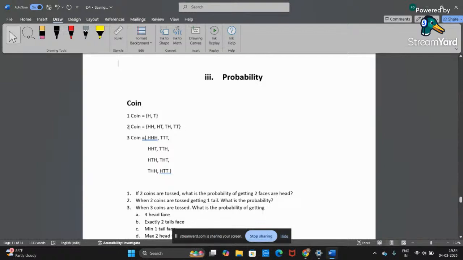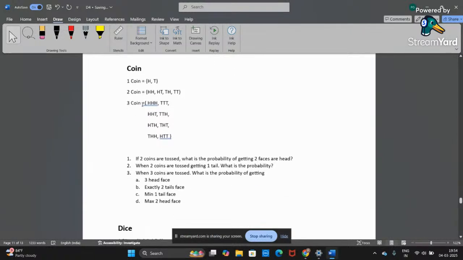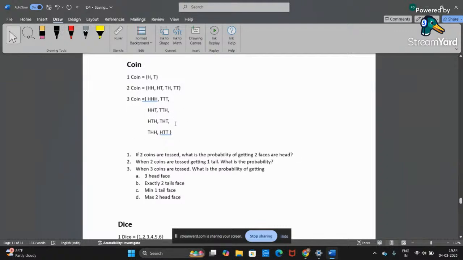These are the outcomes we are getting when 2 coins are tossed. When 3 coins are tossed, we'll get 3 heads, or 3 tails, or 2 heads with 1 tail, or 2 tails with 1 head, and in this way we are going to get outcomes when 3 coins are tossed.